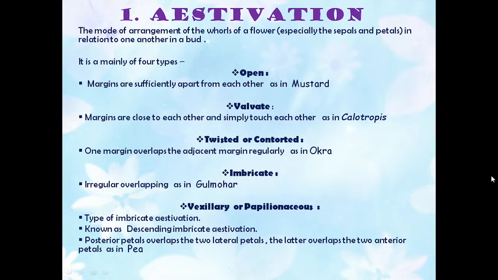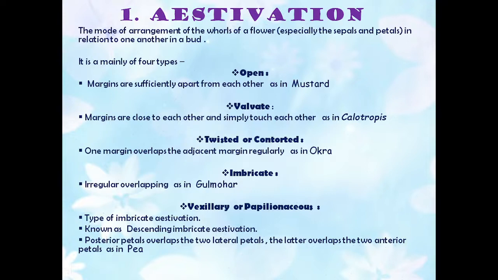This open and valvate are 99% the same. Okay, because see the difference between the open and valvate, only one difference is there. In open estivation, margins are sufficiently apart from each other, and in valvate they simply touch each other.